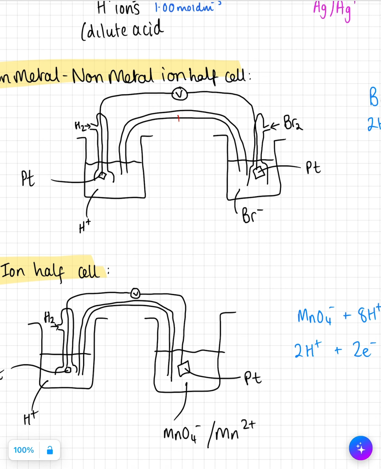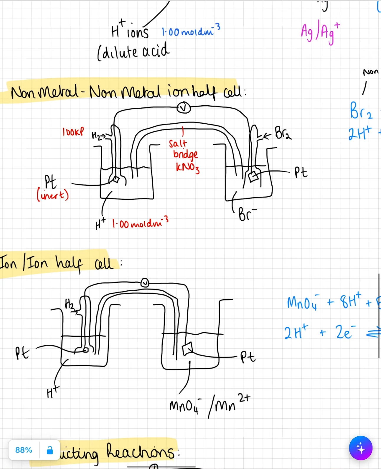So again, we have our salt bridge, which is a saturated solution of potassium nitrate. We have our high resistance voltmeter. We have our hydrogen gas at 100 kilopascals. We're using our platinum electrode due to it being inert, and we're using a 1 mole per decimeter cubed solution of our dilute acid.